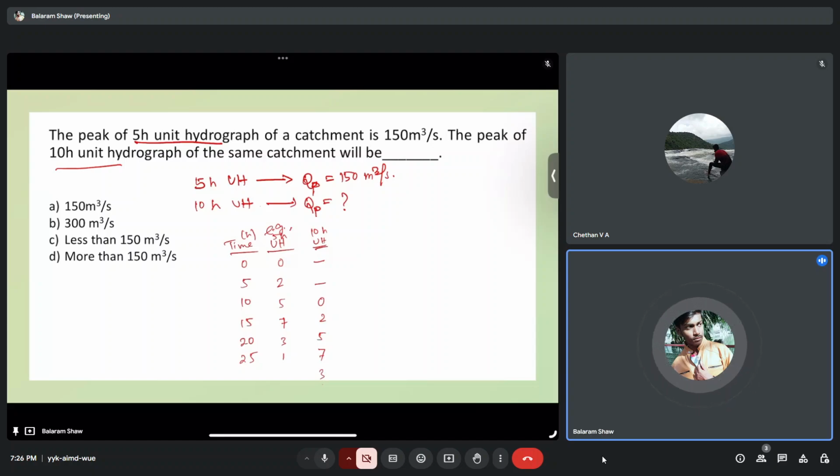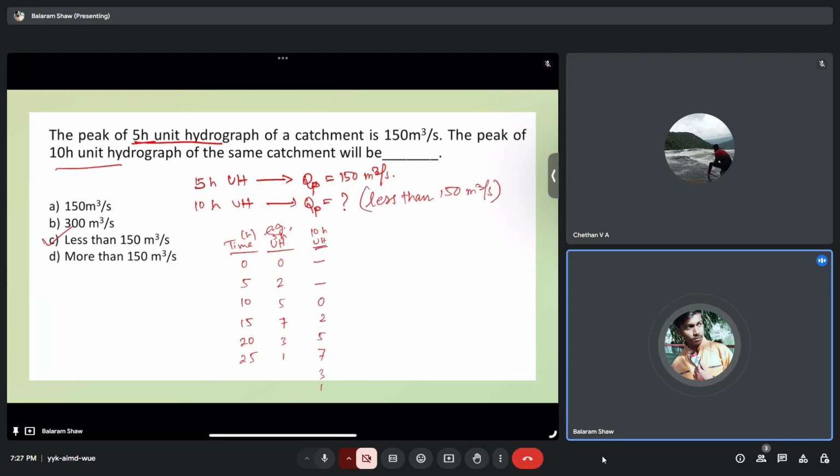Now if you add and divide by 2, for any given unit hydrograph from any problem in the lecture, you will see that when you change the 5-hour unit hydrograph to a 10-hour unit hydrograph, the peak of the hydrograph is less than 150 meter cube per second.